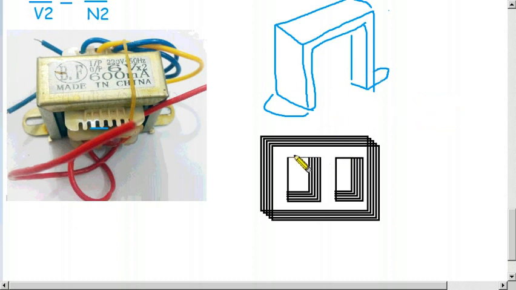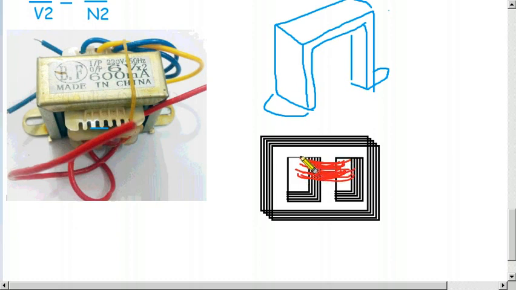So using that bobbin, in this diagram what you can see is a transformer. This one is that bobbin, this plastic piece is the bobbin. In that bobbin they wind these wires, we call them coil enameled wires, not just copper wires.